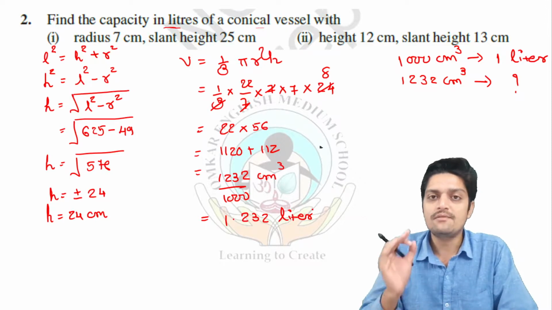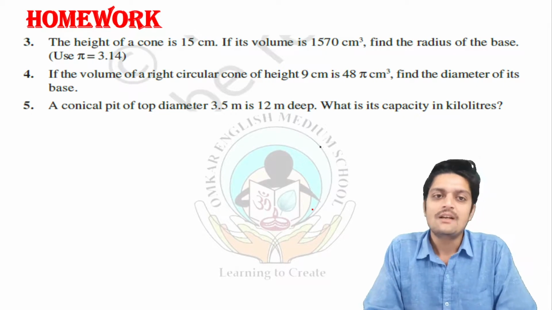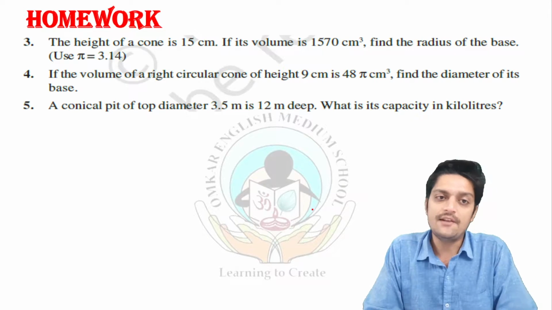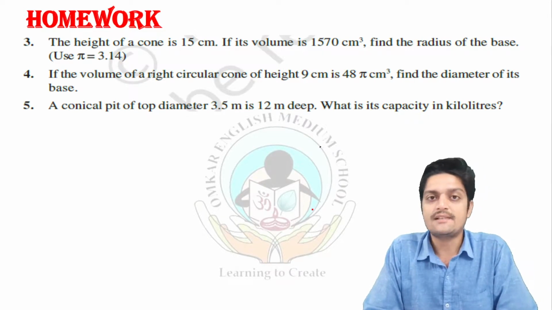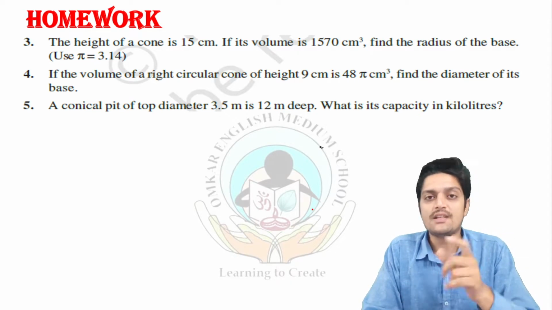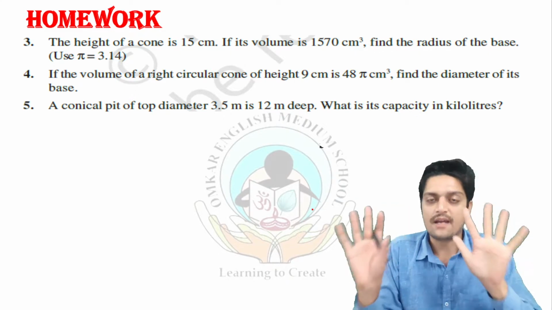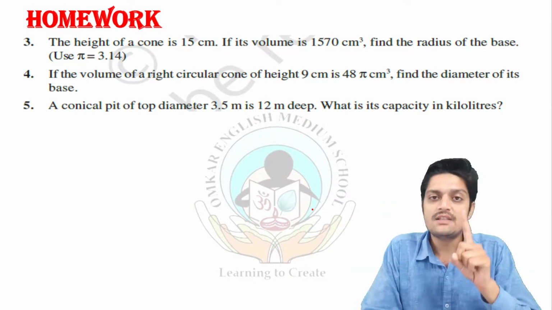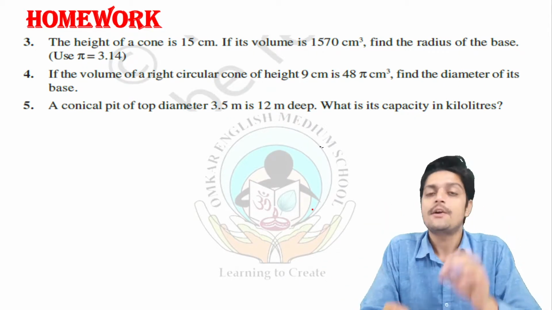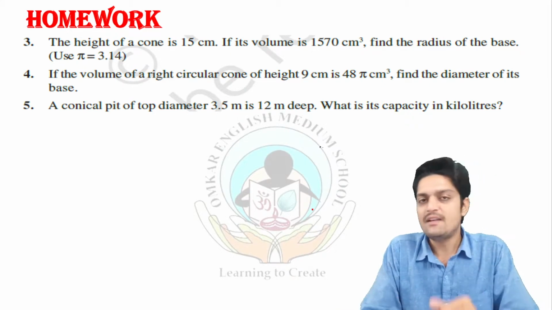Now I have something for you, and that is the homework. Questions number 3rd, 4th and 5th are so easy, you can easily solve them. As I have discussed earlier, the ratio of teacher and student should be 1:10. If the teacher solves one question, then from the student side they should solve 10 questions to get a grip, especially in mathematics and generally in every subject.